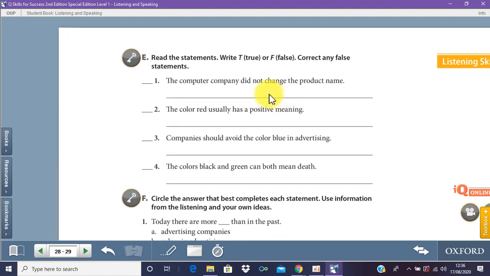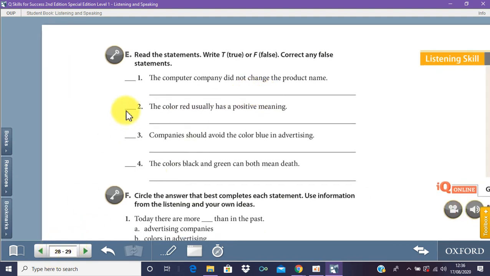Now, on page 28, question E. Read the statement, write T for true, F for false. T means true, true means right, F means false, which is wrong. The company, a computer company, did not change the product name. The answer is true. Number 2, the color red usually has a positive meaning.